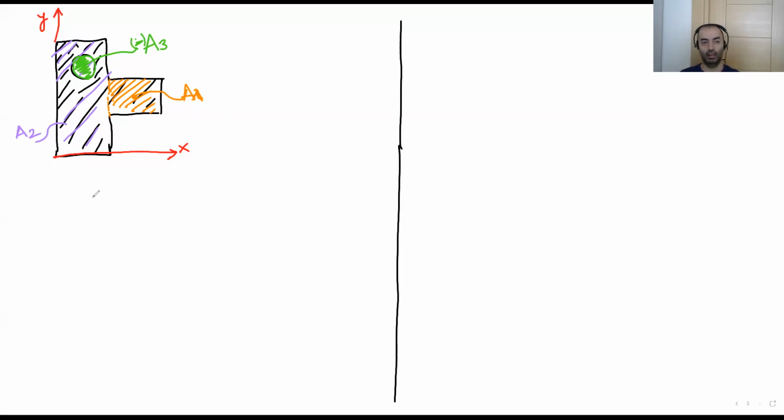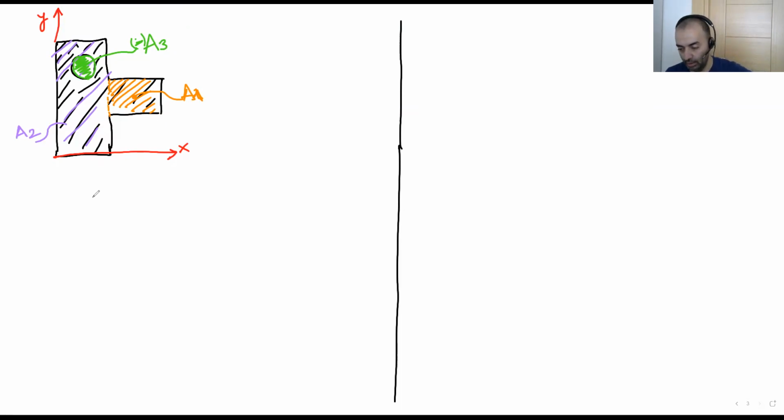I take that area totally into account in A2, but I know I don't have any circular area in this place. There is an opening here. So in A3, I take this area into account with a negative sign.